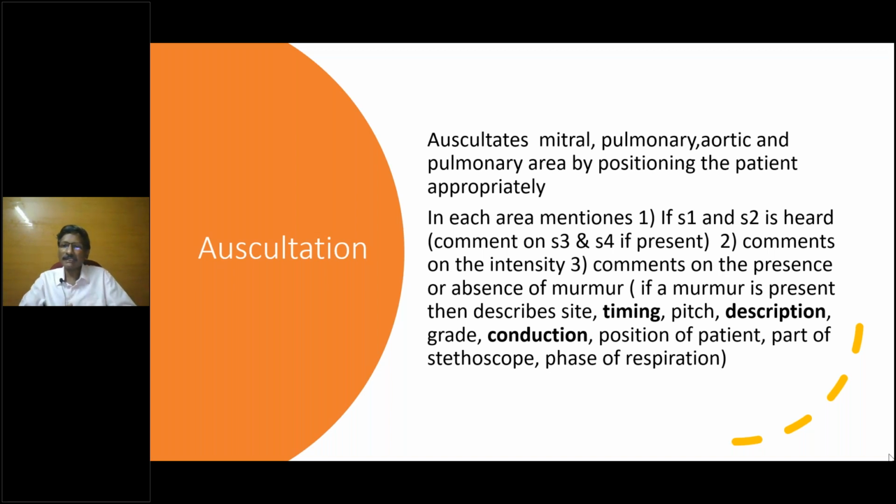Let me put it the other way. When you feel a thrill in the right second space and there is a heaving apex, where will you start your auscultation? I've given you the example: a heaving apex is there and there is a thrill in the aortic area.